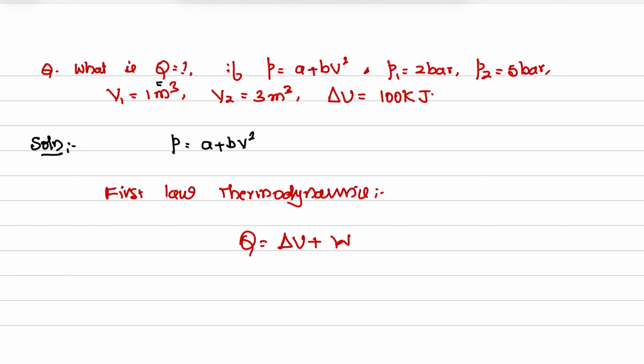It's a very, very important equation in thermodynamics. Here delta U is given, 100 kilojoules. Work done is not given, we have to find it out. Then we will get the value of Q.